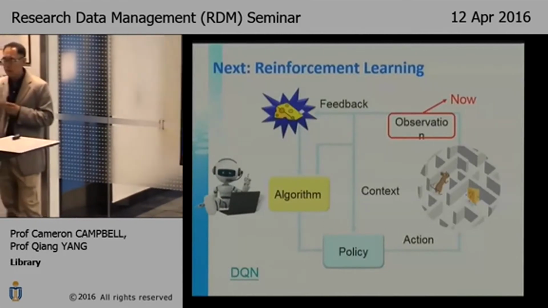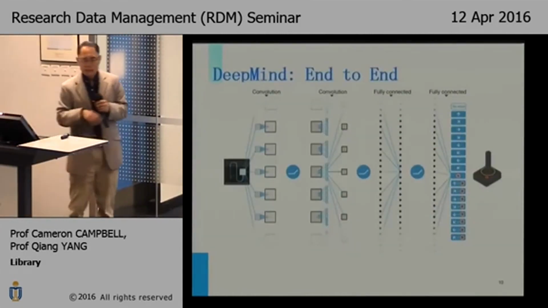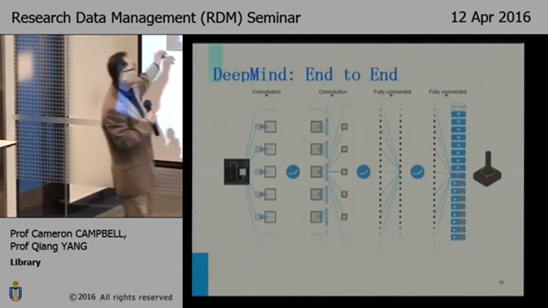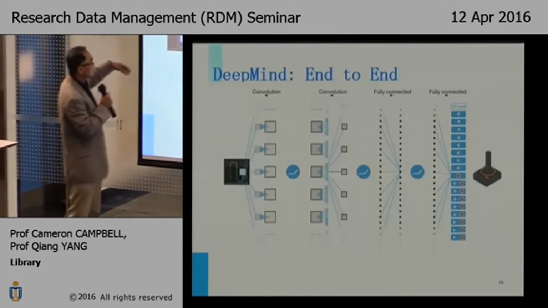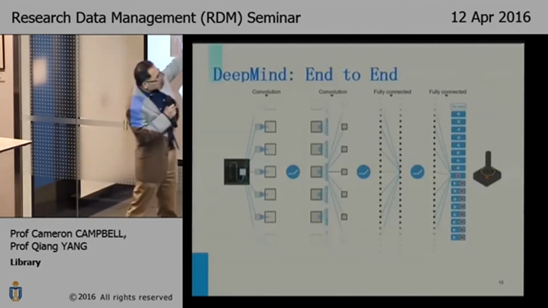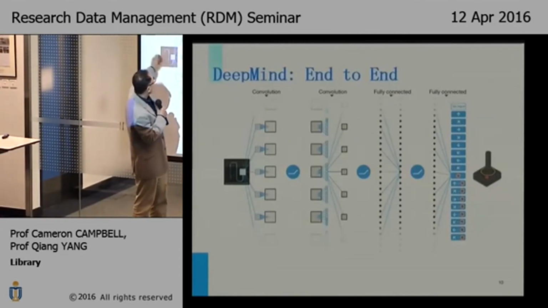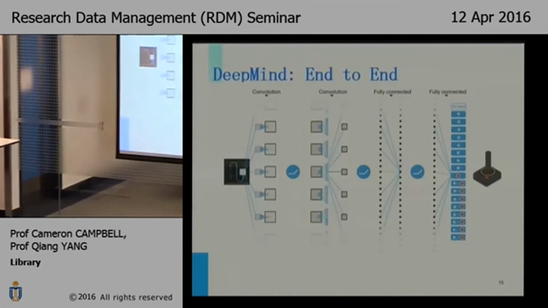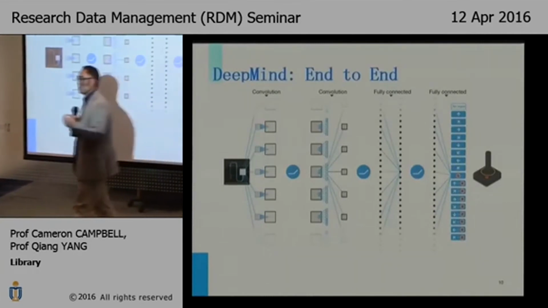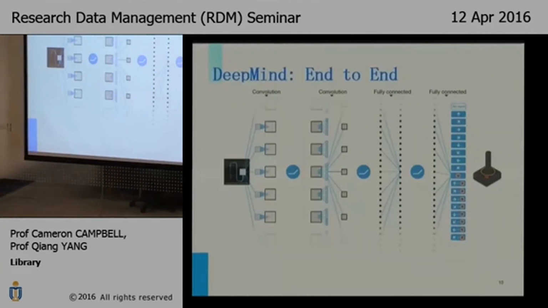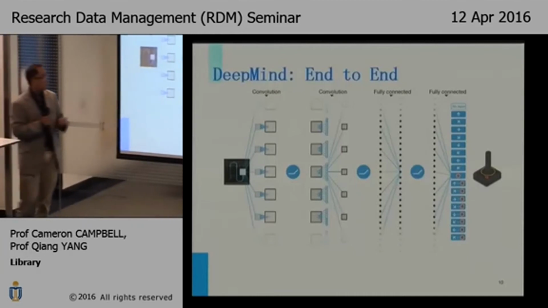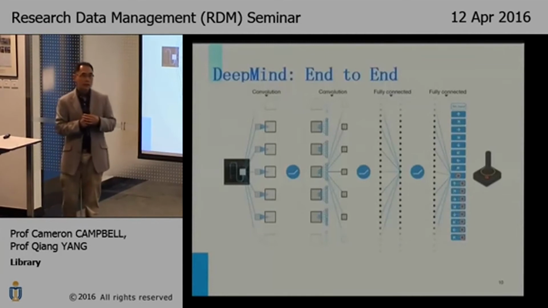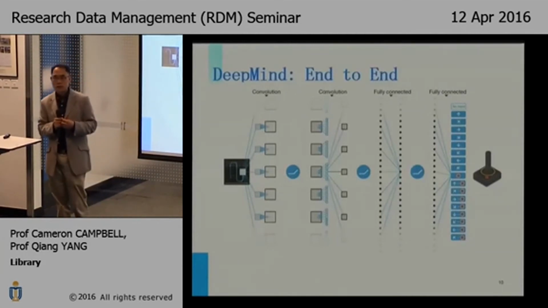This is also what AlphaGo used. By putting together deep learning and reinforcement learning, the Google team called DeepMind used a deep learning algorithm in the middle and connected what it sees to what it does in a computer game. For those of you who are old enough to have played computer games, the Atari games, you know that they are very addictive. And some of them are very hard.